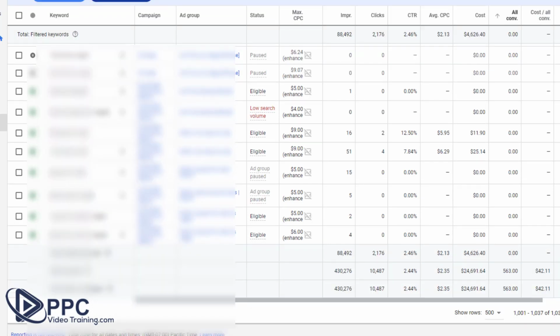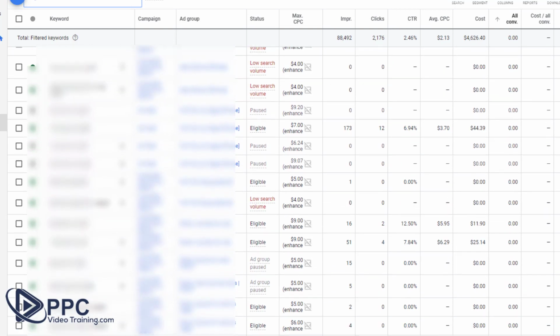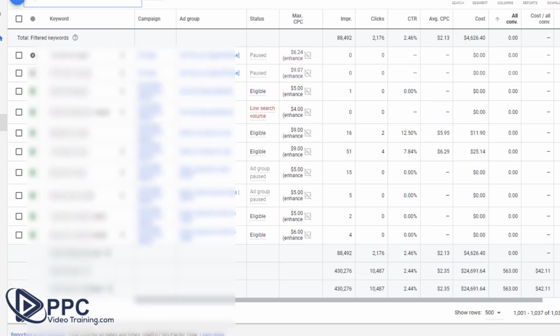So you can see there were 563 conversions total in the campaign, but this one is pulled out 1,037 keywords for a total cost of $4,626. So that's literally 1/6 of our campaign budget was spent on non-converting keywords.